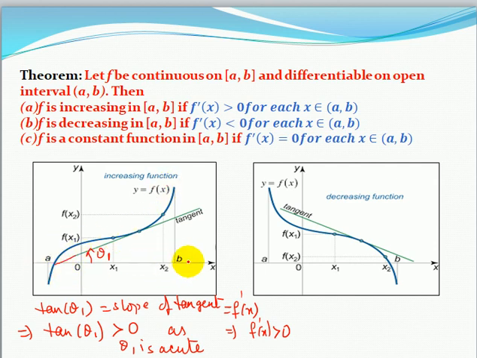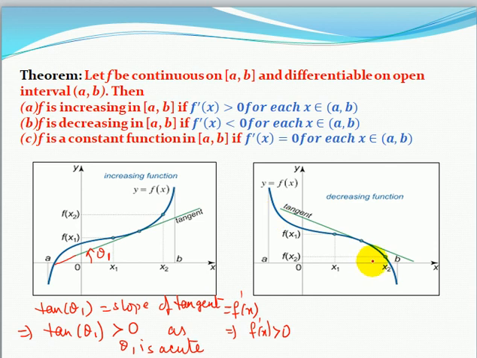As we move from left to right, y keeps on increasing. As x is increasing, y is also increasing. And at any point you draw the tangent, you will see it will make an acute angle with the x-axis. So its slope will always be positive. So this is how we can use derivatives to make out whether the function is increasing or not.